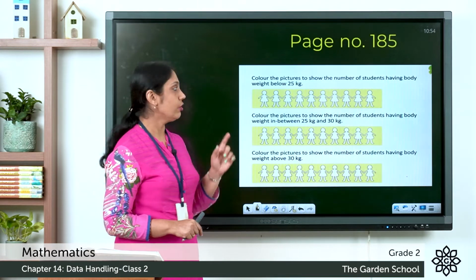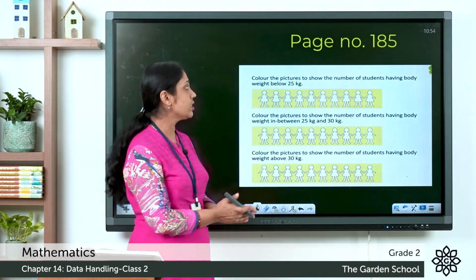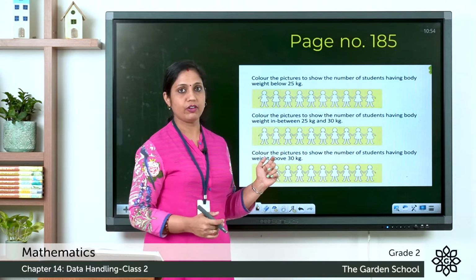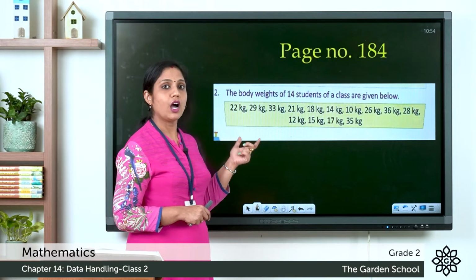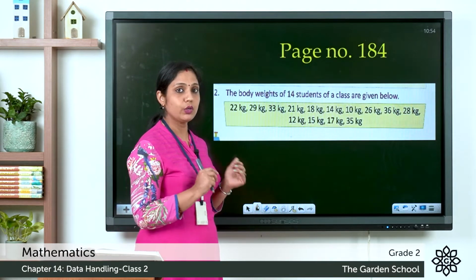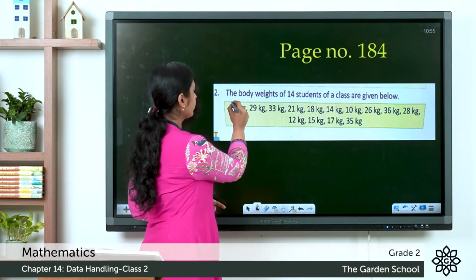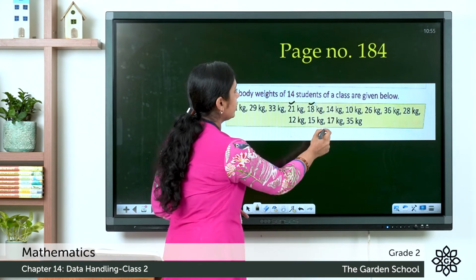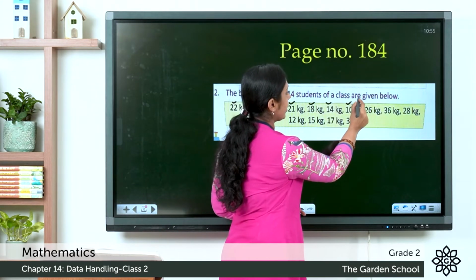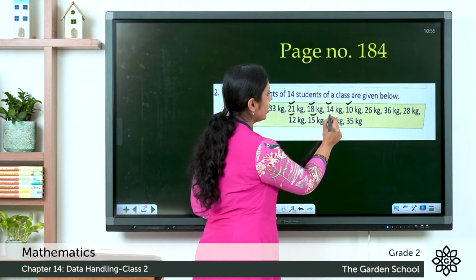So what we have to do? We have to color the picture. We have to find out the number of students who are below 25 kilo. So look here, we'll find out how many students are there below 25 kilo. So 22, 21, 18, 14, 10, 12, 15, 17.